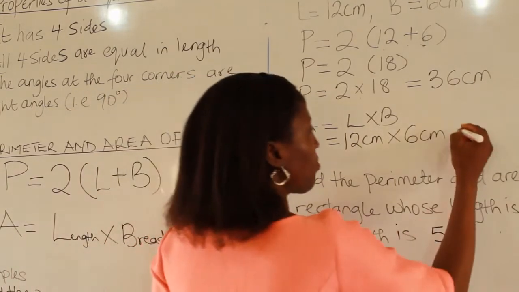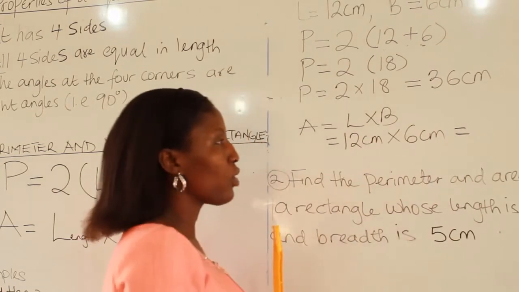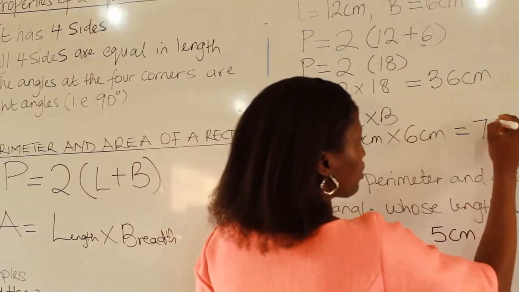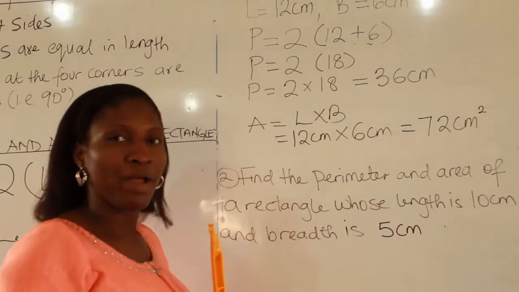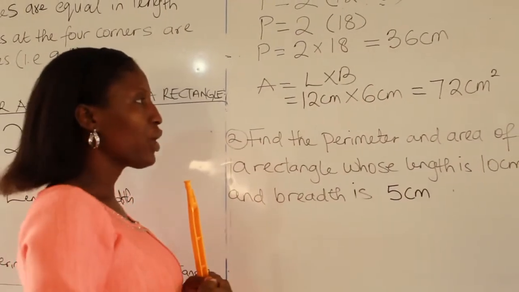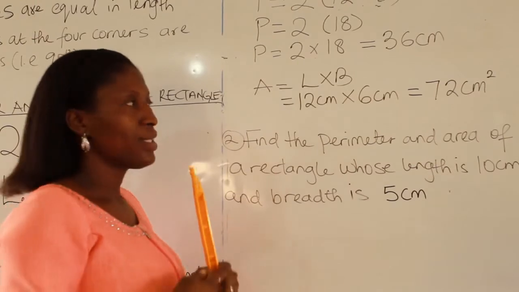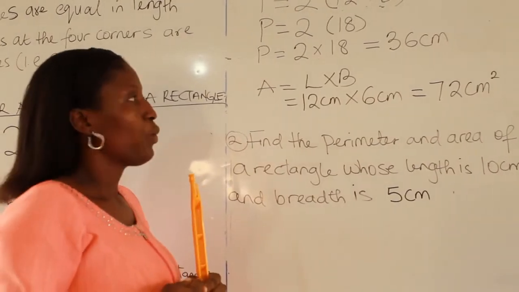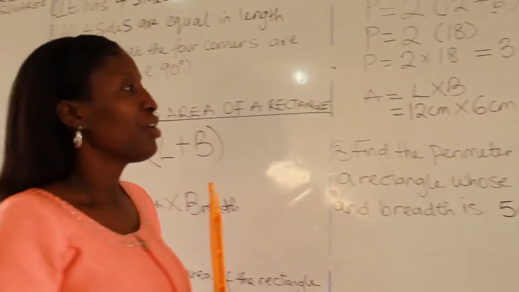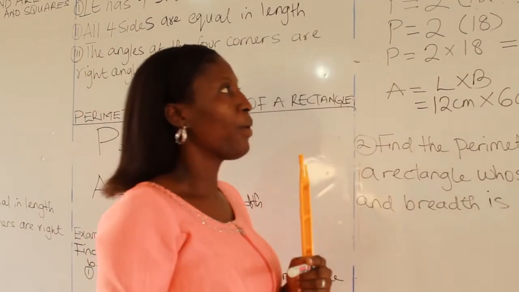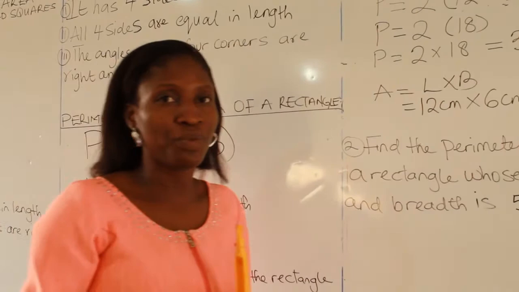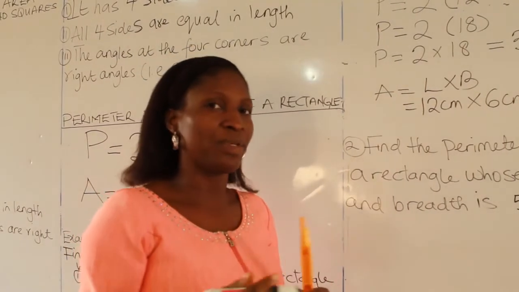So 12 multiplied by 6 equals 72 centimeters square. The area of a rectangle equals 72 centimeters square. Whenever you're finding area, your answer must be in centimeters square. But a perimeter is just written in the unit, which is centimeters.